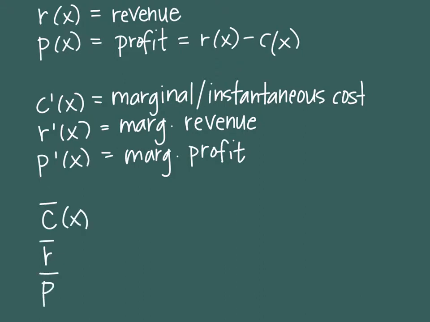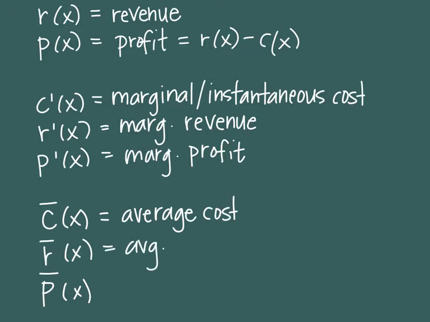There's a third thing that I need to make sure you understand, which is this symbol, they call it bar: C bar, R bar, P bar. This is the symbol for average cost, average revenue, and average profit.